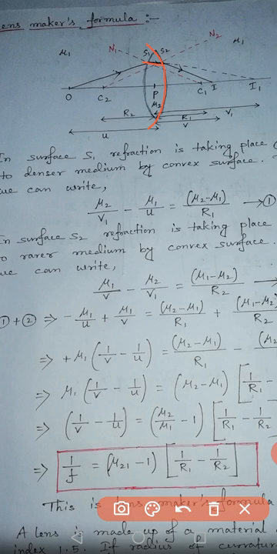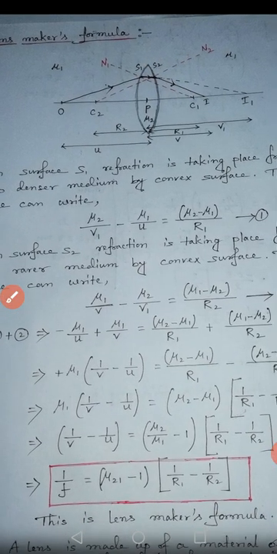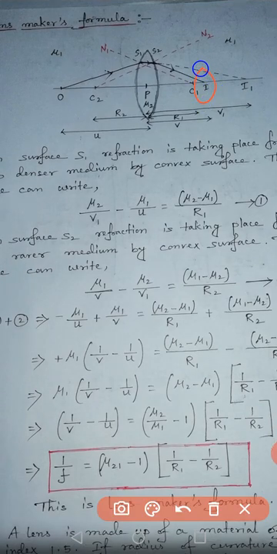Finally the image is formed at I. So I is the actual position of the image, because in reality we have both surfaces. Since it is a lens, we have the S1 surface and the S2 surface also. So when both surfaces are present, the image is at I. I is the actual position of the image, but I1 is the virtual position of the image that we assume when surface S2 is absent.